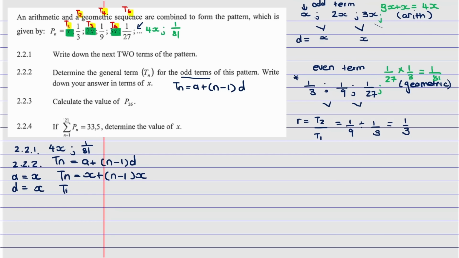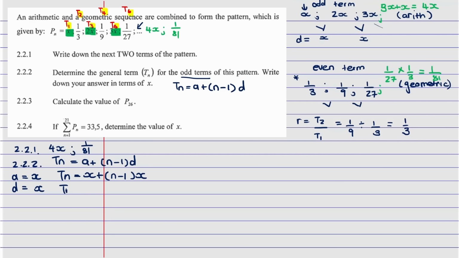Taking that into account, we know that 26 falls into the even terms, and the even terms are geometric. Using the general term of the geometric sequence, we need to find the actual term for 26. But remember, we can't use 26 directly because Pn is made out of two sequences, the arithmetic and the geometric, meaning we need to divide by 2.